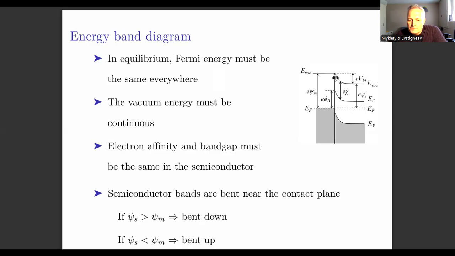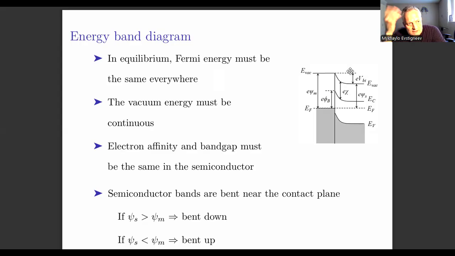The vacuum energy must be a continuous function of space, because if the vacuum energy had a discontinuity at the interface, then at the point of this discontinuity there would be an infinite force, an infinite electric field between the two materials.